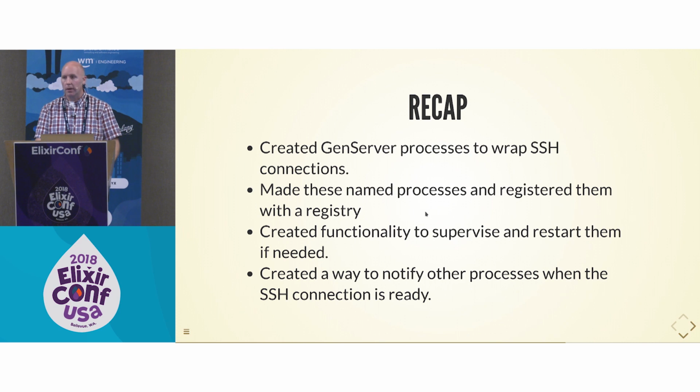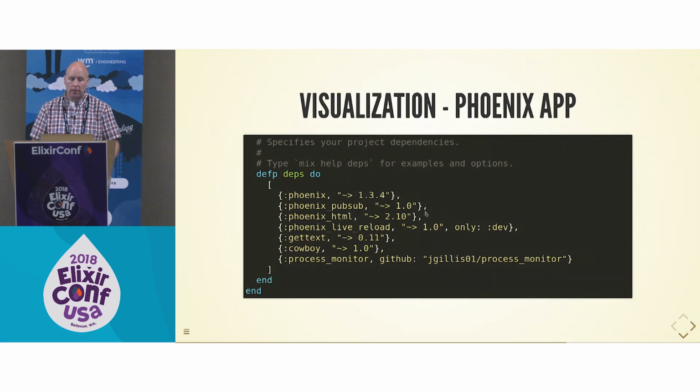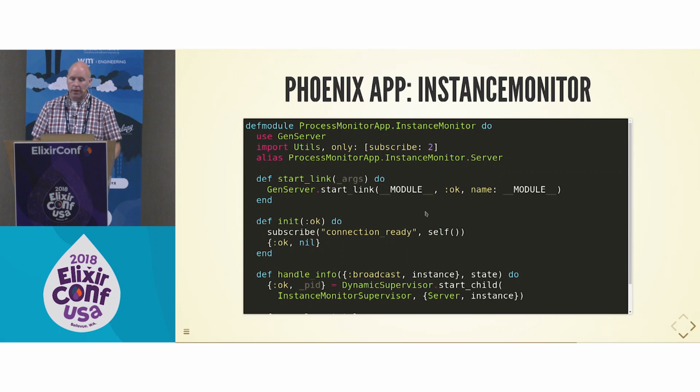In order to do that, we can create a Phoenix application and pull in our library. So what we can do is go to the dependencies in our Phoenix application and pull in our library. Next, we can create an instance monitor module, and we can import our utilities.